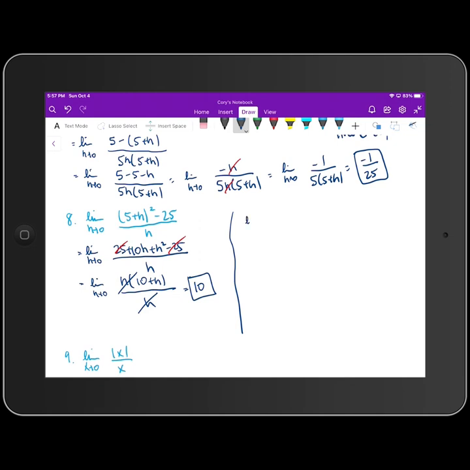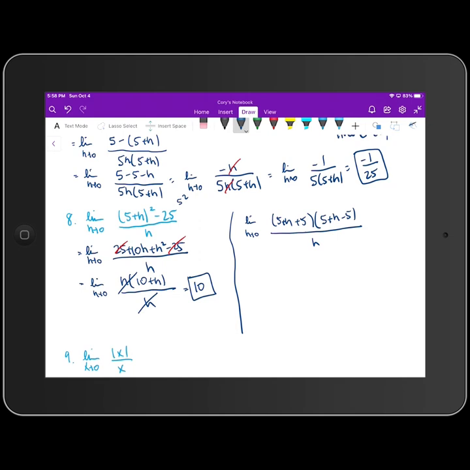Let me show you another one that might not be apparent at first glance. If you look at the numerator, it is the difference of 2 squares, because you can write 25 as 5 squared. So if you factor the numerator as the difference of 2 squares, a squared minus b squared factors to a plus b, which is 5 plus h plus 5, times a minus b, which is 5 plus h minus 5, all over h.